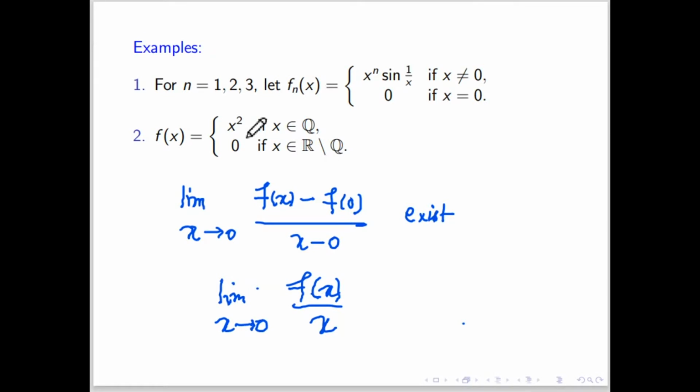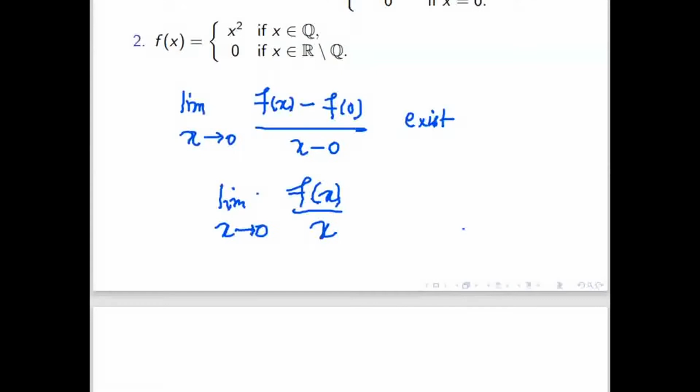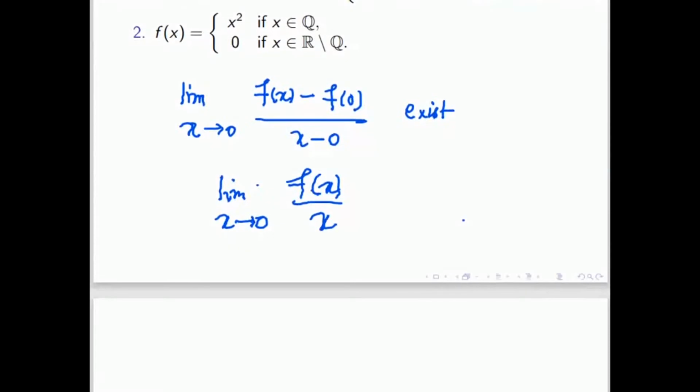So now the question is that at 0, is this function differentiable or not? That means whether this limit exists or not. The function is continuous only at a single point. Now the question is, is it differentiable or not?